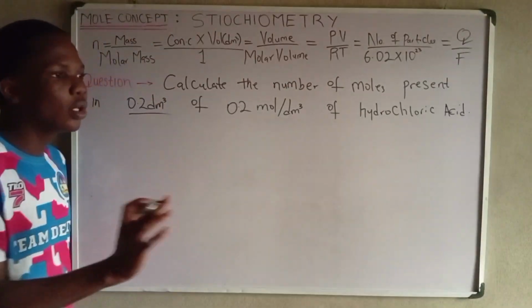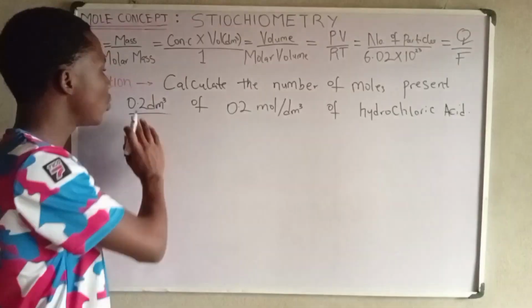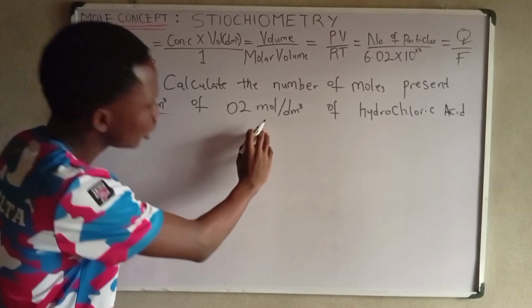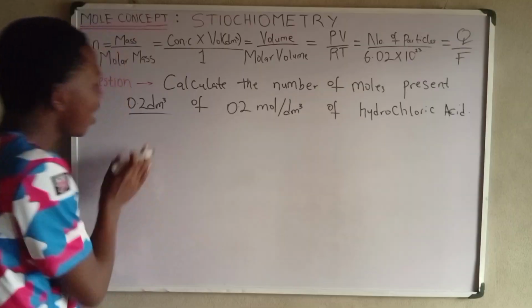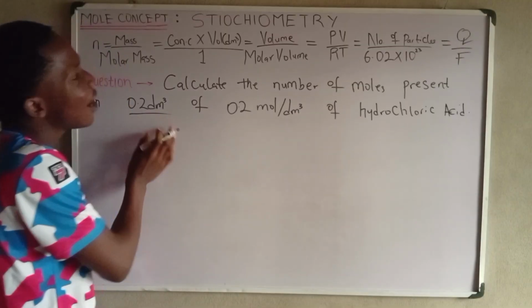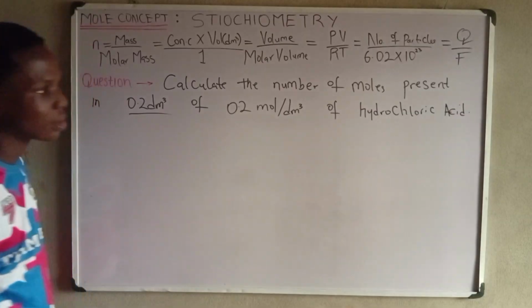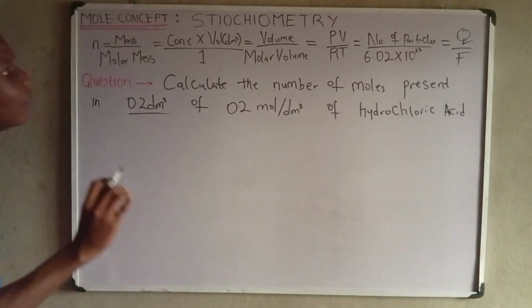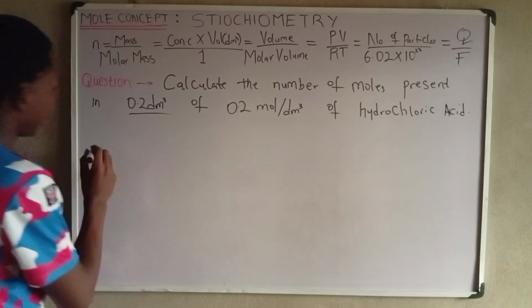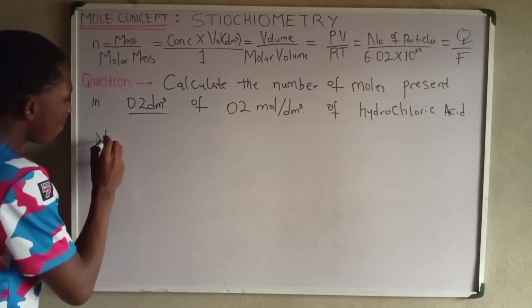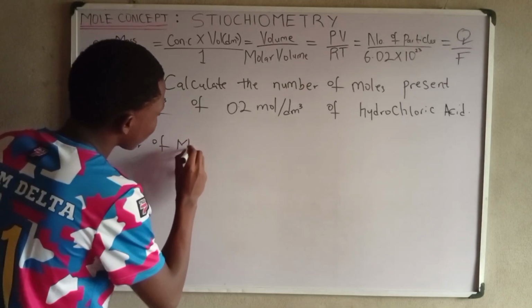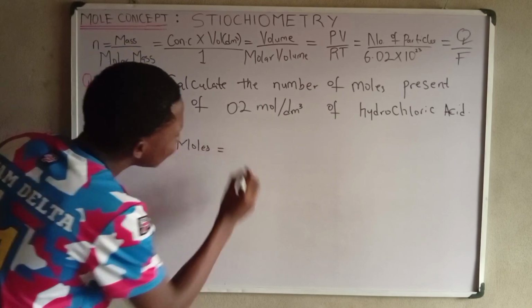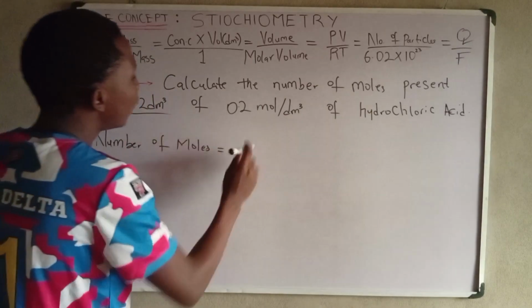Now, obviously, we know the formula to use by now. We've seen volume and concentration, which means we have to use this formula. And now, thankfully, our volume is in dm cubed. We don't have to divide it by 1000. Okay, so now, what do we simply do? The answer to this question says that number of moles is equal to volume.